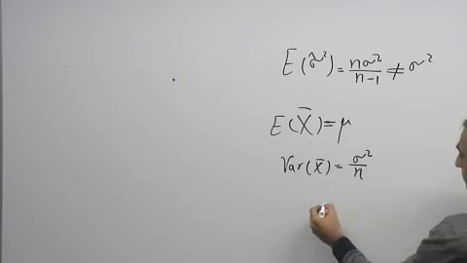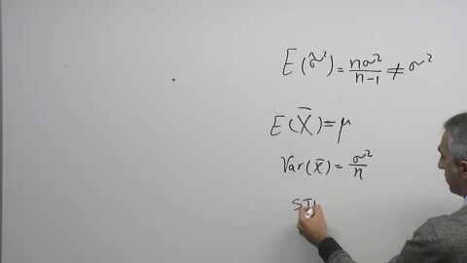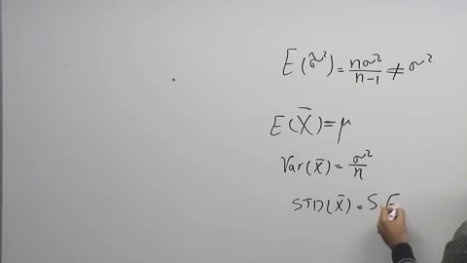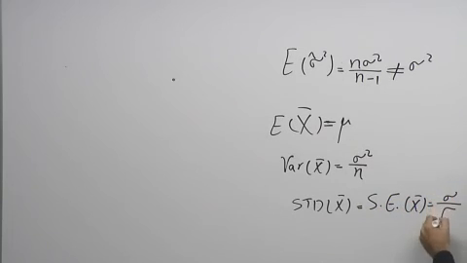So the standard deviation, also known as the standard error of X bar, is sigma divided by the square root of n. And if I don't know the value of sigma, I can estimate it with what? S. Which we call the estimated standard error. Those are just terminologies.